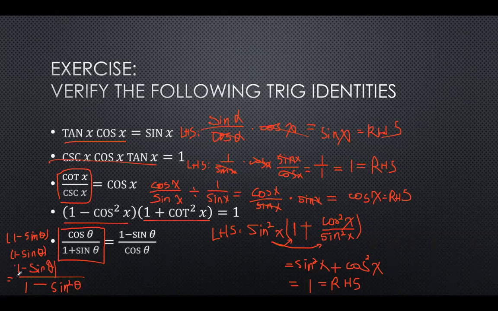We don't have to simplify this yet. And when you look at the denominator, 1 minus sine squared, using the Pythagorean theorem, is basically cosine squared.